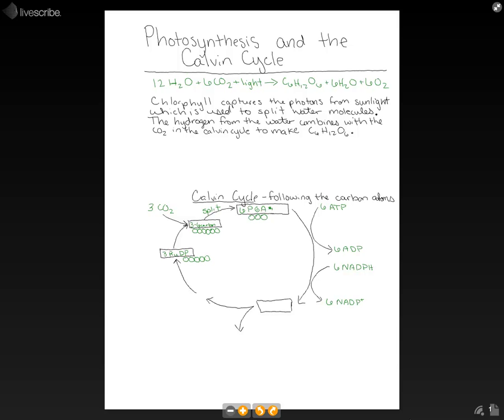And now at this point we have 6 PGAL, is what it's called, which is just really a simplification of a very long, complicated name.